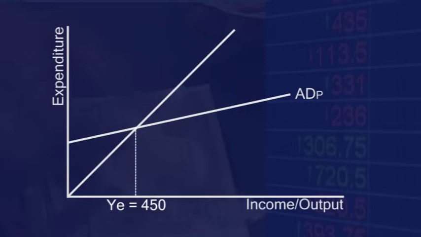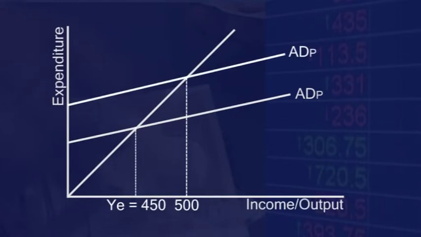Suppose we think that the level of output which would give us full employment would be as much as, say, 500. How can we bring about an equilibrium at 500? We raise the aggregate demand function to planned aggregate demand here somewhere, AD dash or whatever, and by raising aggregate demand, it means that at 450 we now have this unplanned stock change.